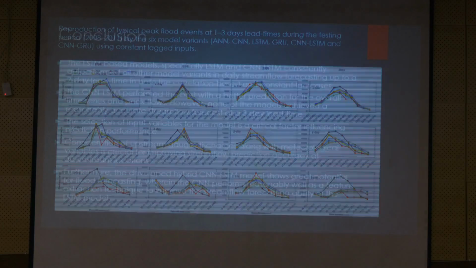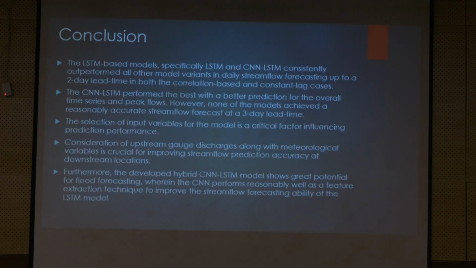The takeaway of course from this is that CNN LSTM and CNN GRU are better for up to 2 day lead time, but the selection of input variables will be really critical.